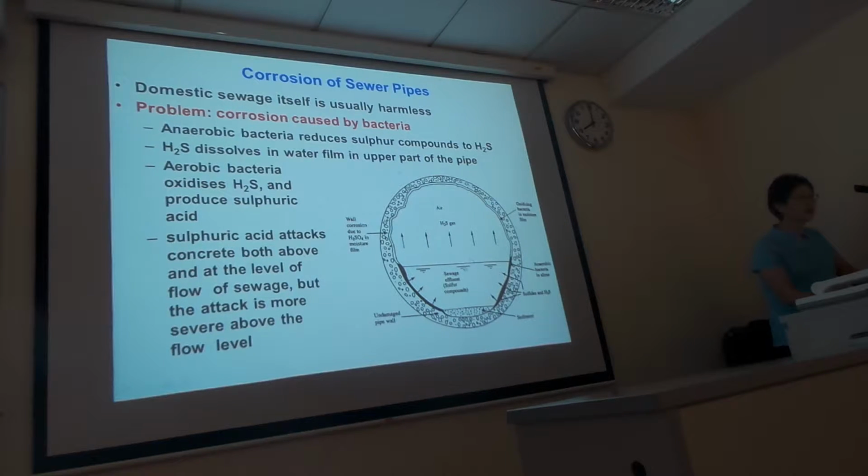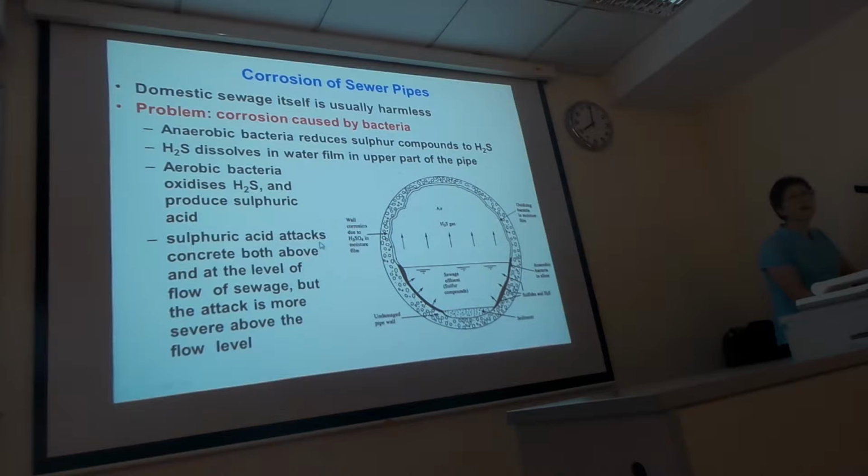So when the gas forms, it goes up. This part is not filled with the sewage. When this H2S gas is formed, it will be dissolved in the water film around this sewage pipe.